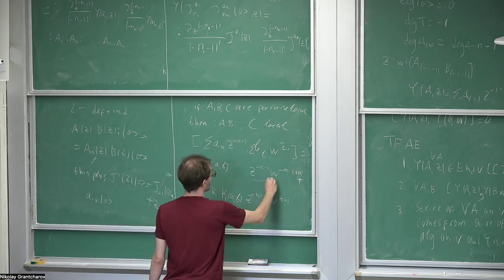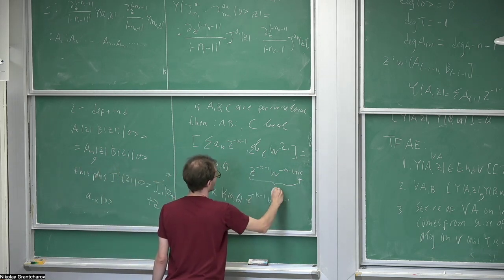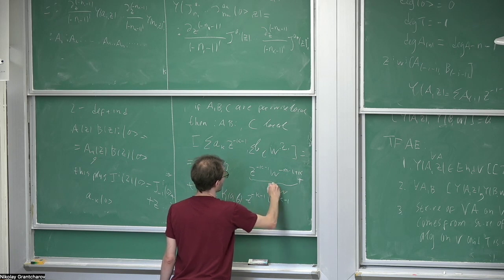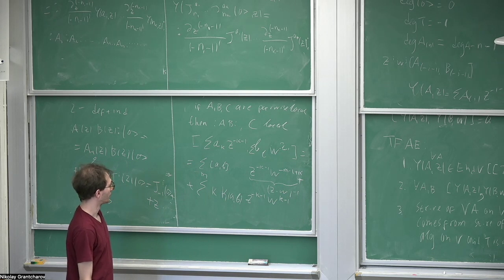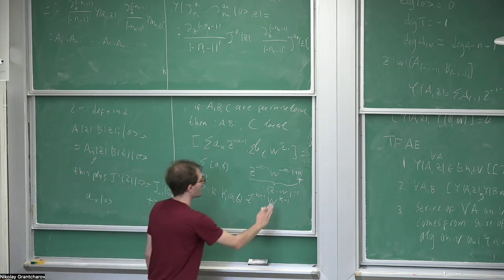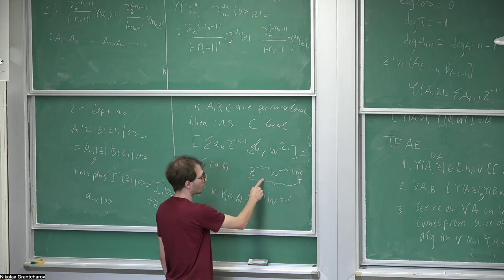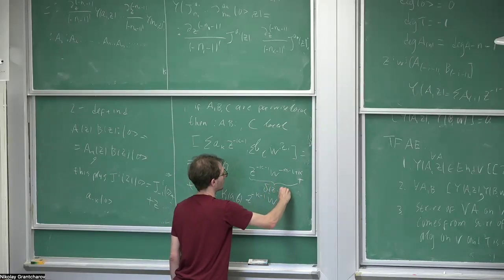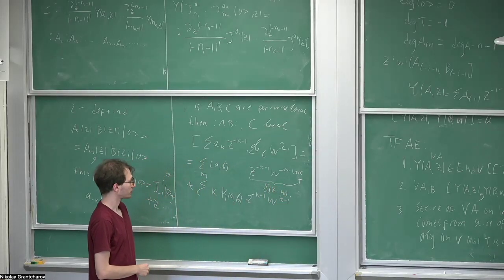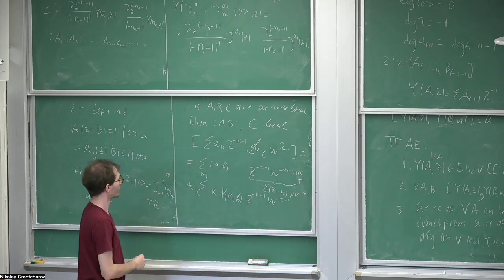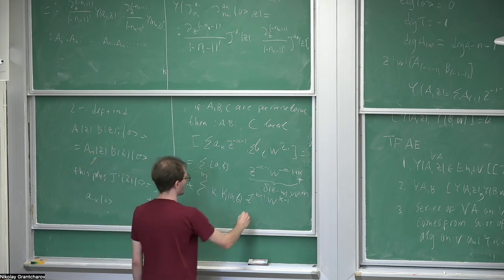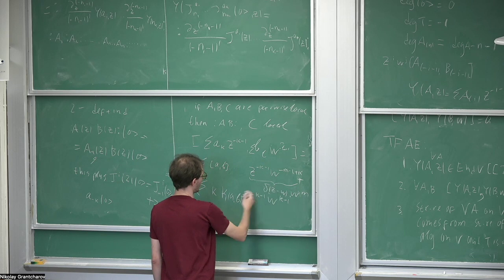So this is exactly Z minus W to the power minus 1. Sorry, this is the whole series. If I take all possible values of K, it's called the delta function, delta of Z minus W times W to the minus M. And now this is the unit delta function.